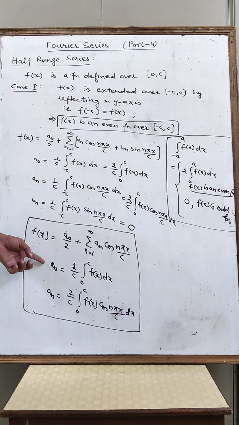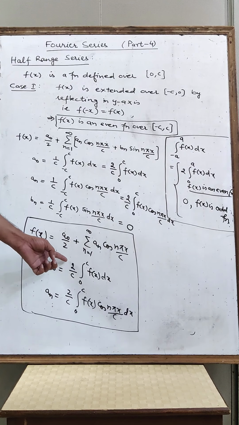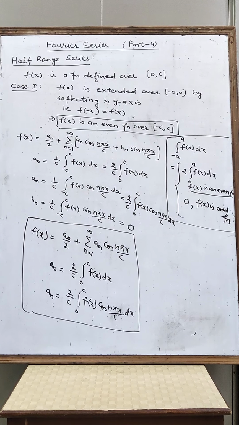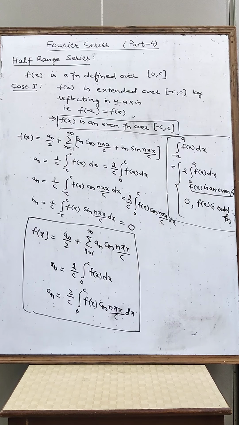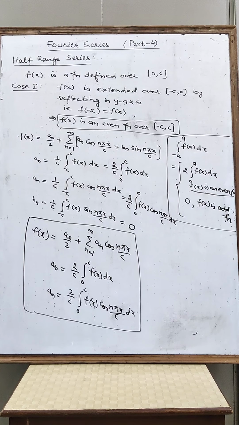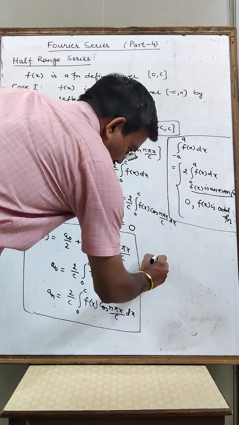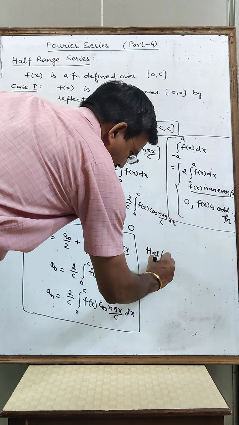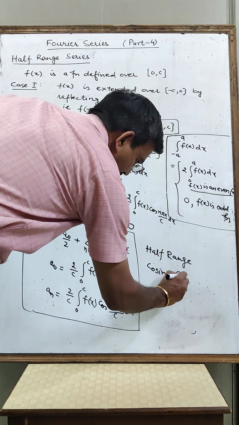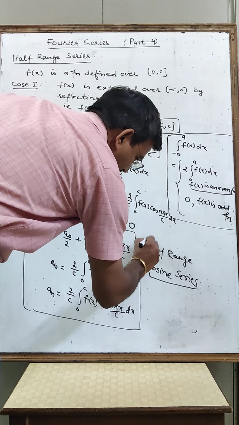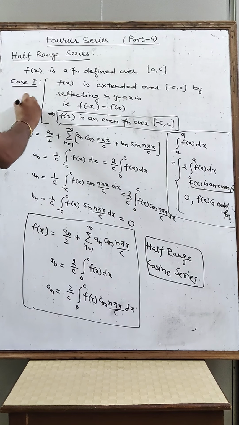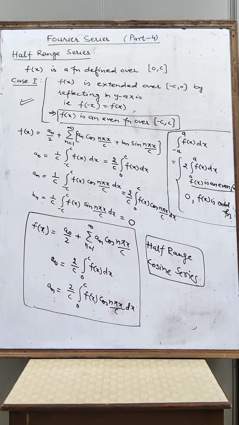And how we will find a_0 and a_n? a_0 is equal to 2 over c integral 0 to c f(x) dx, and a_n is equal to 2 over c integral from 0 to c f(x) cos(n pi x over c) dx. So this is called the half range cosine series. Again, keep in mind that to find a cosine series, we will extend our function as an even function.